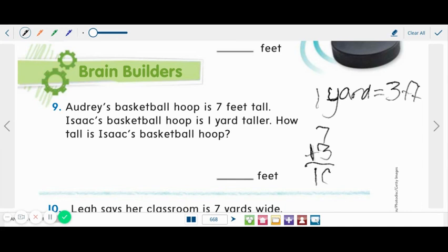And that's going to give us 10. So 1 yard equals 3 feet. And it said that Isaac's basketball hoop is 1 yard taller. So that means Isaac's basketball hoop is going to be 10 feet.